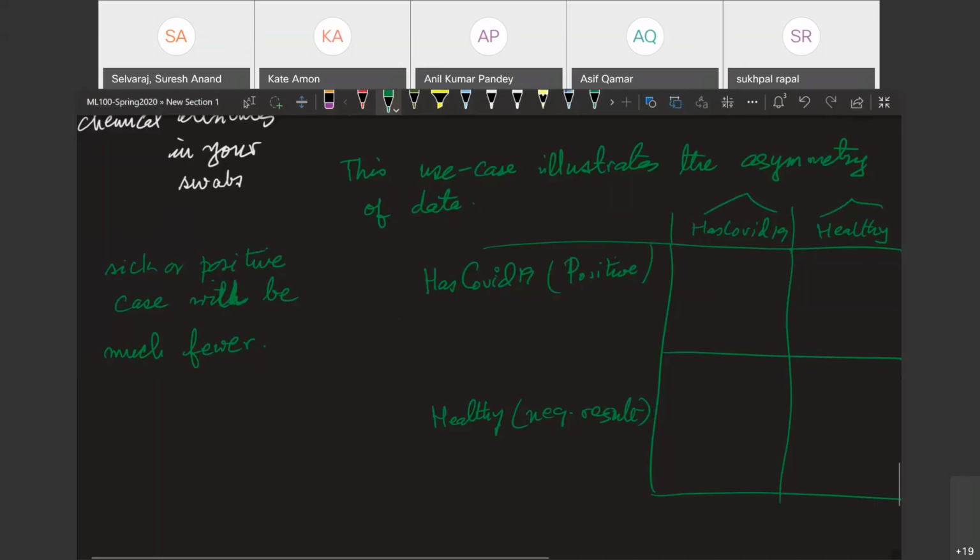So let's say that people who had COVID and you identified as COVID, there were 37. Let us say that people who did not have COVID and you identified correctly as not having COVID, let us say 900. I'm just throwing random numbers here. Right? Then we have now left about 63 cases.